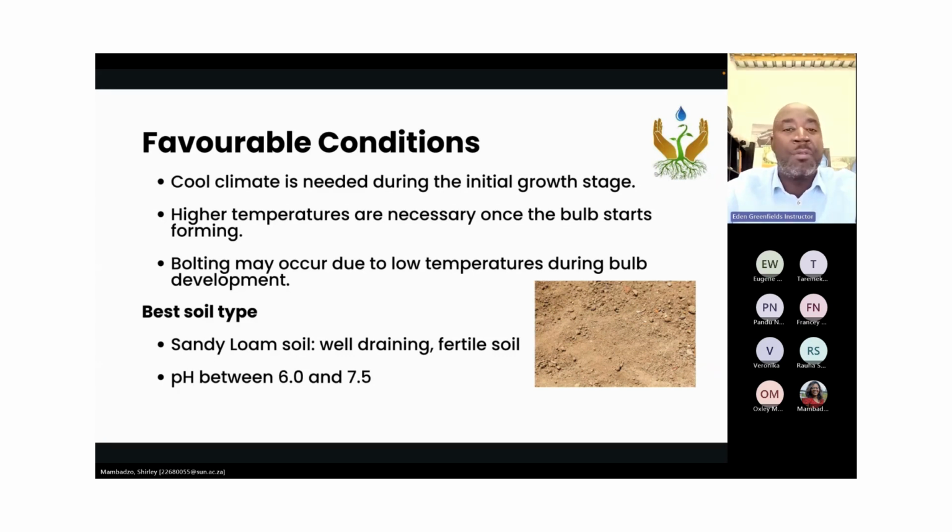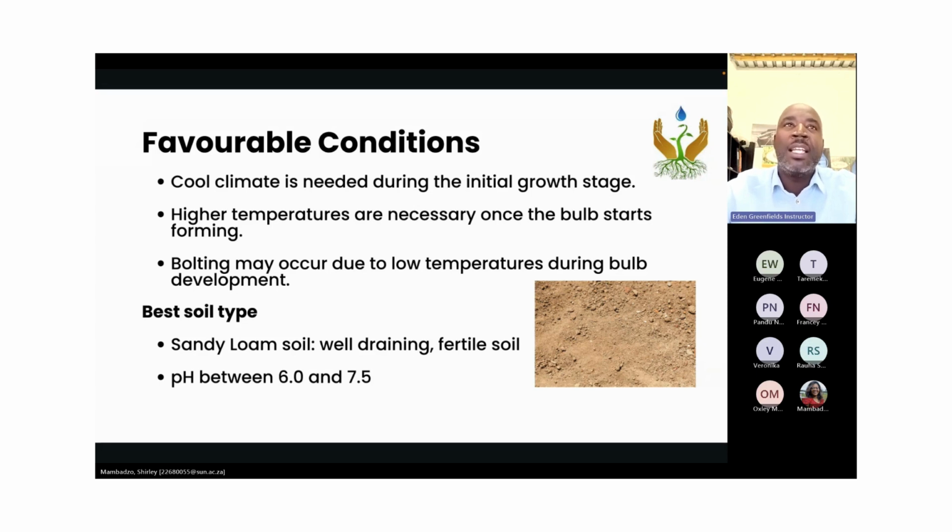In terms of bulb growth, the climate conditions that onions favor need to have somewhat higher temperatures. Now, there is what we call bolting, which we'll discuss again in the coming slides. Bolting may occur due to low temperatures during bulb development.